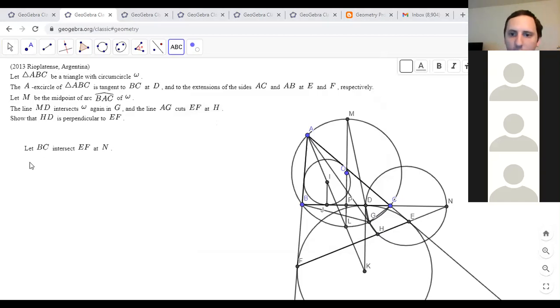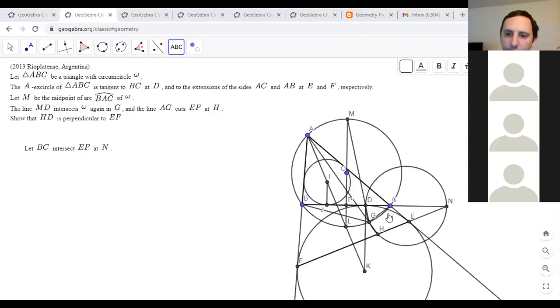So first I'm going to prove that DGHN is cyclic. So there's two steps: DGHN is cyclic, and L, G, and N are collinear.